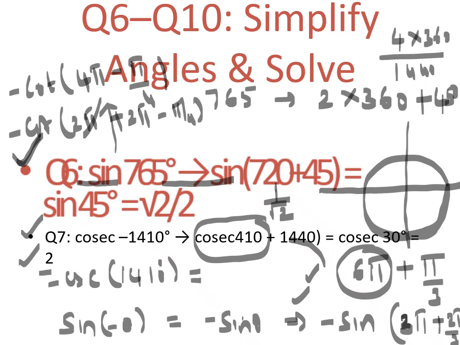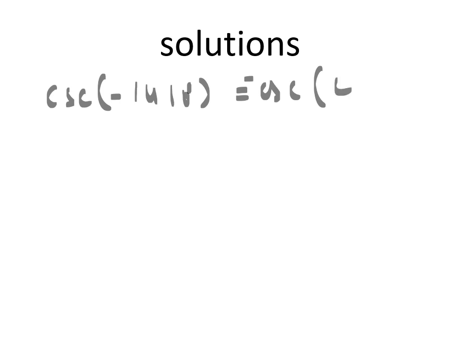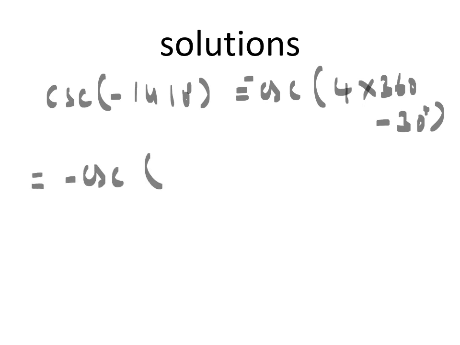These are the basic things you have to understand clearly. Once again, I am writing cosecant of minus 1410. I can write this as minus cosecant, outside 4 into 360, minus 30. Only 3 rounds are completed, 3 into 360.